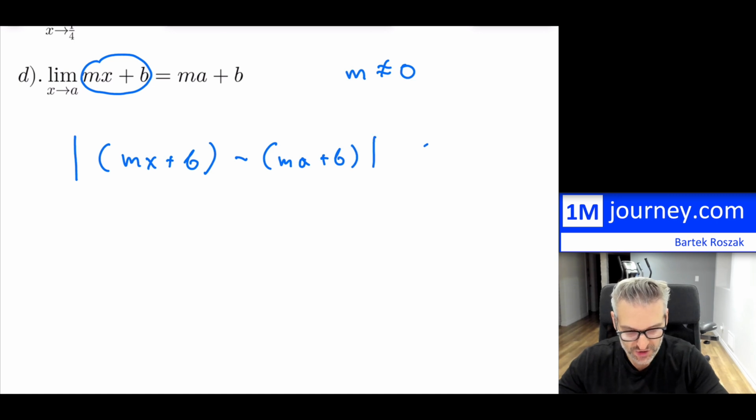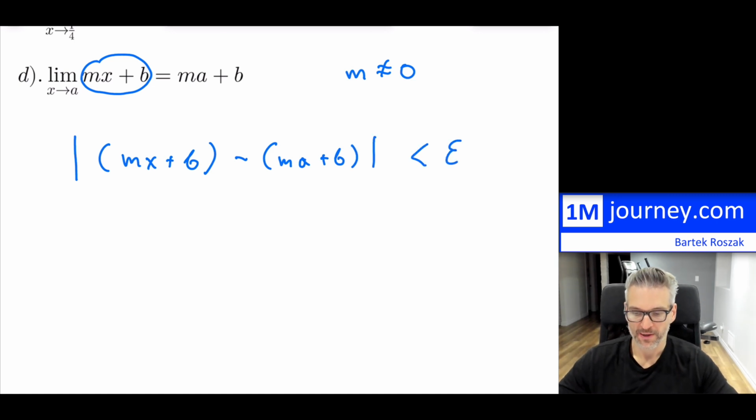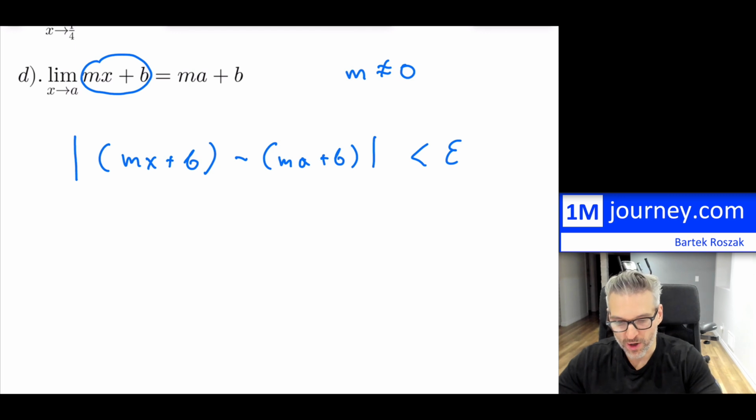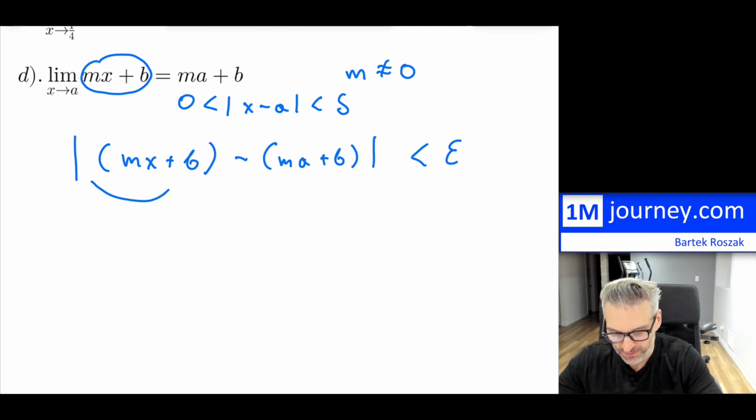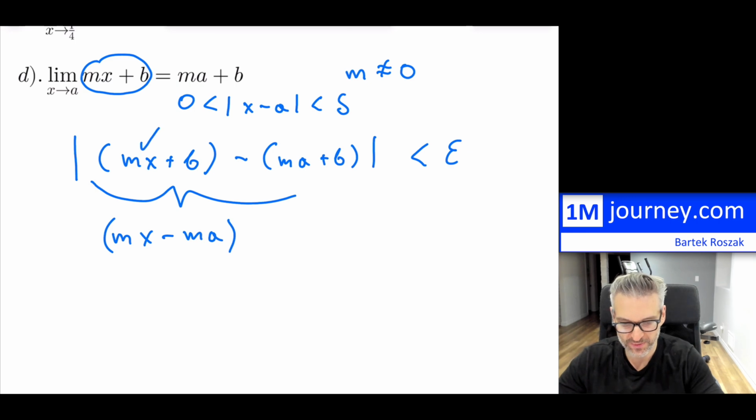All right, and this is supposed to be less than epsilon. Now, the connection we want is with x minus a, right? That's the connection we are looking for with the delta. So when you simplify all of this, you're going to get mx minus ma. I'm going to group these things together so they both have m in it.